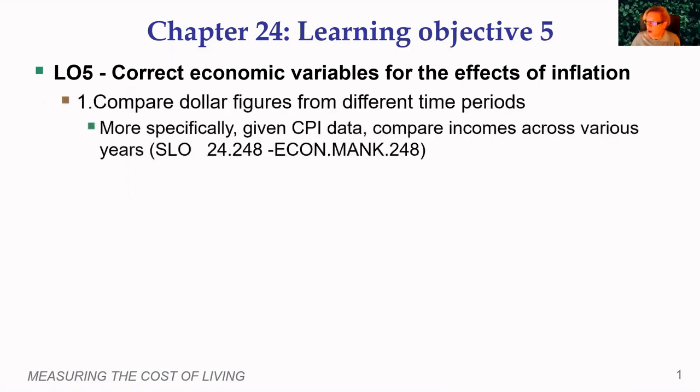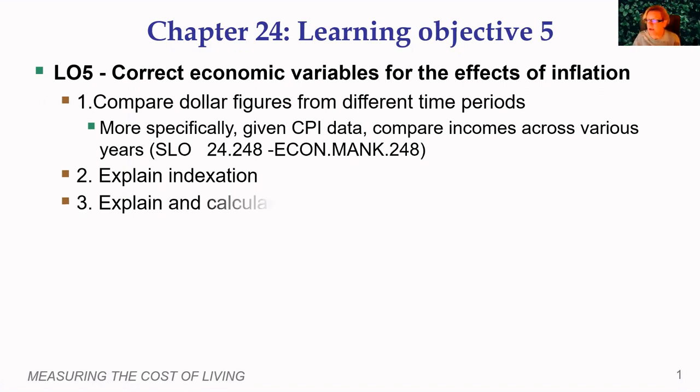The second one is to explain indexation. Remember, indexation is the idea that we have cost of living adjustments in certain contracts. And if your contract goes for more than a year, you definitely want to have something like that built in. The last objective is to take a look at the difference between real and nominal interest rates.